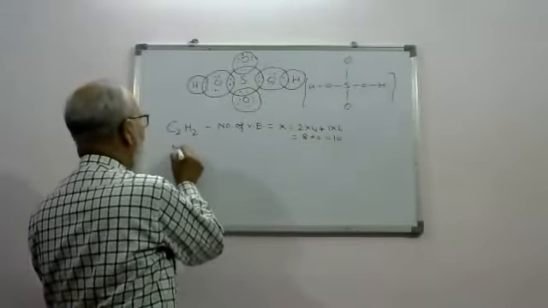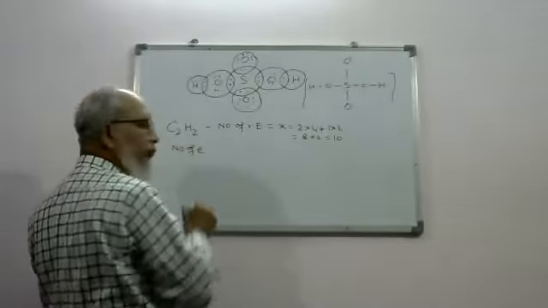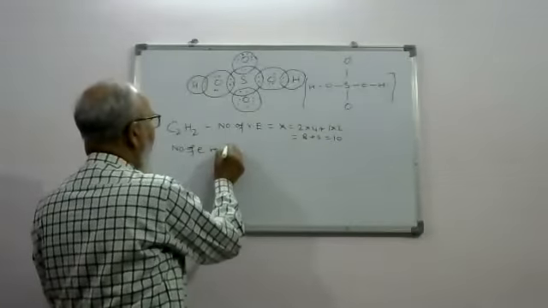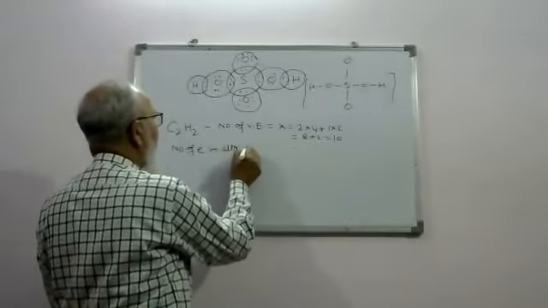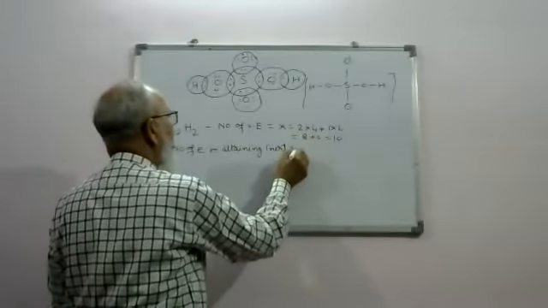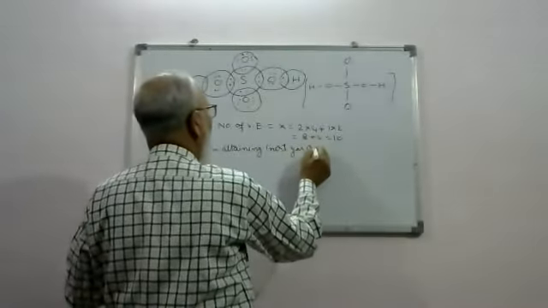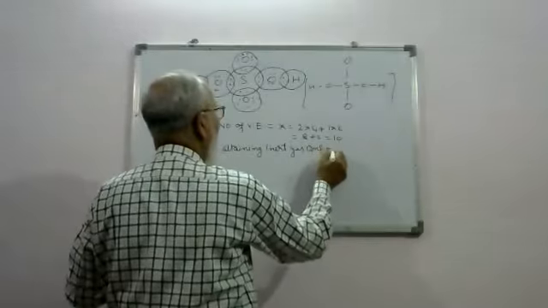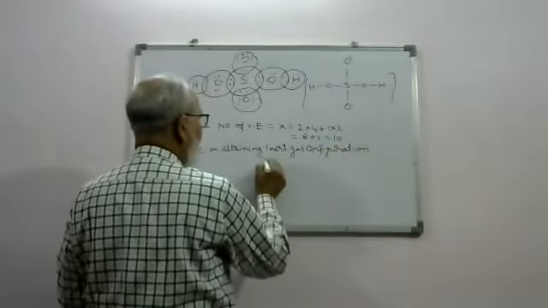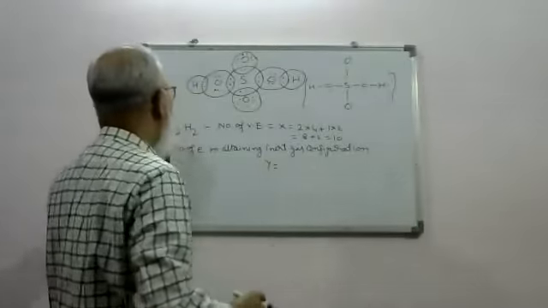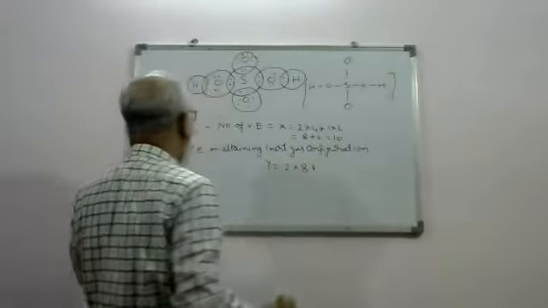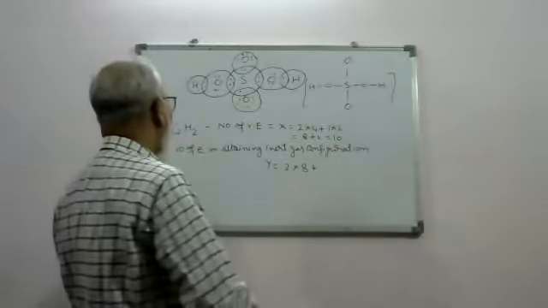Number of electrons in attaining inert gas configuration, that is Y. 2 into 8 for 2 carbon atoms, and hydrogen will complete its duet.